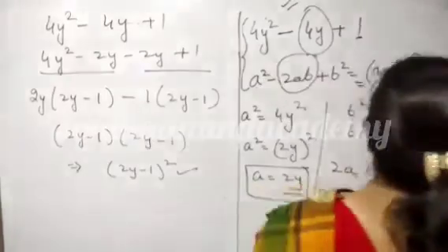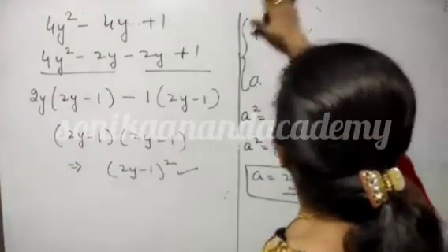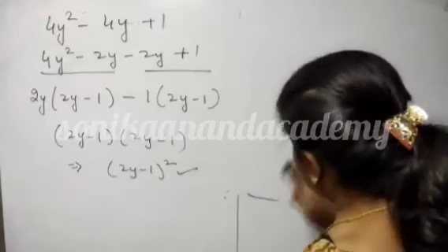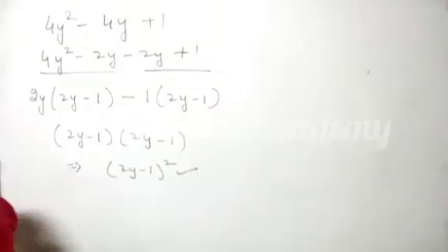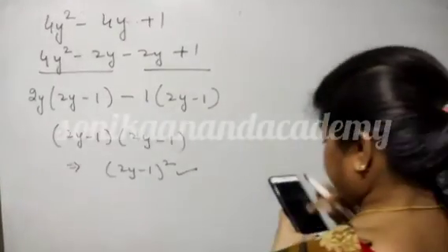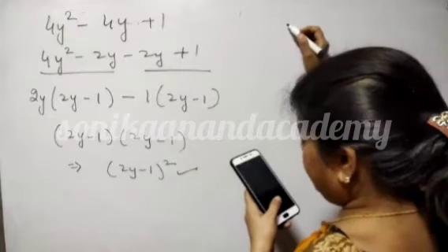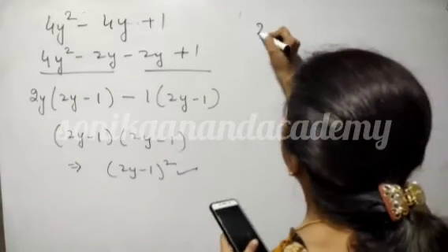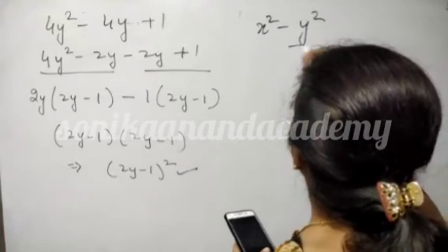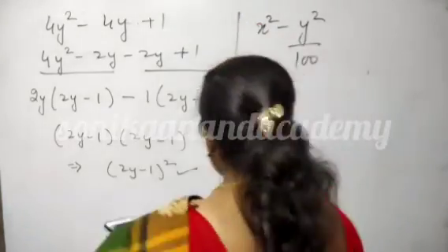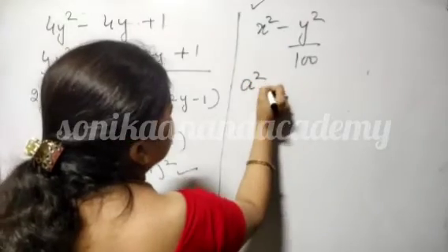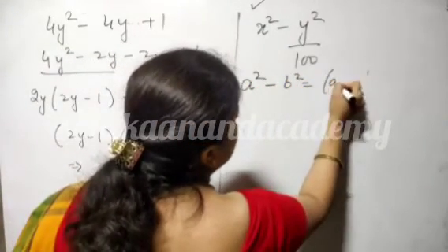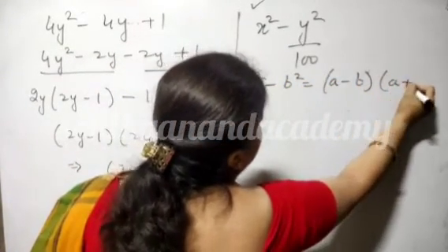Now I'm going to solve the third question. Here, next question: x square minus y square by 100. Whenever you see this type of question, we generally remember the formula a square minus b square is equal to (a minus b)(a plus b).